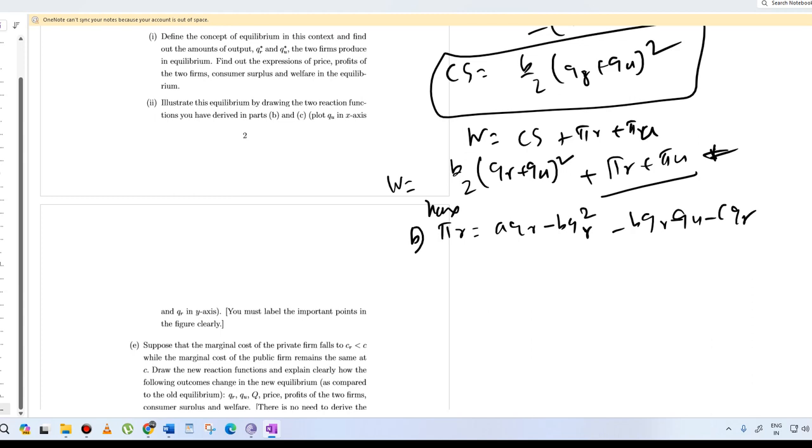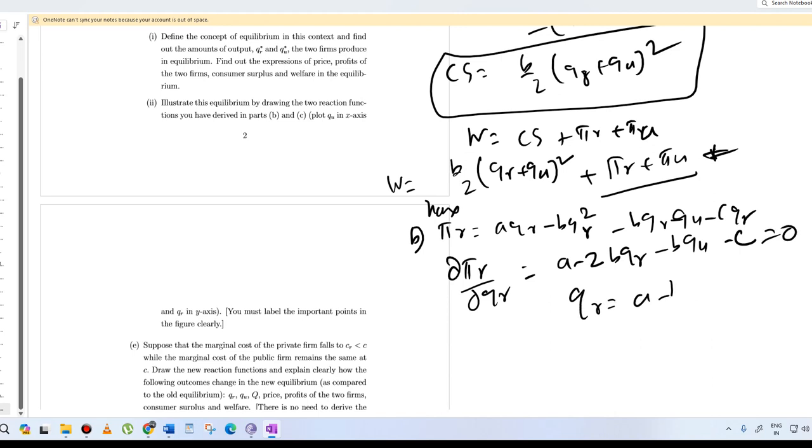So to find this QR, we need to take the first derivative of pi r with respect to QR. So del pi r by del QR equal to A minus 2B QR minus B QU minus C, and this is equal to 0. So on rearrangement, QR will be (A minus B QU minus C) by 2B.